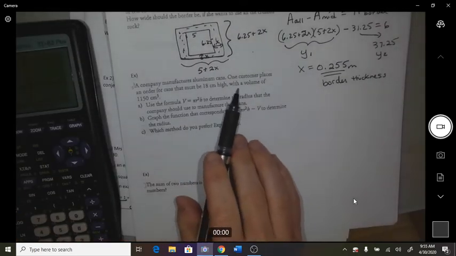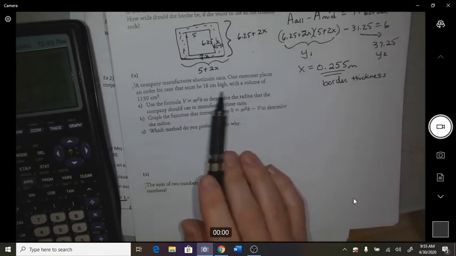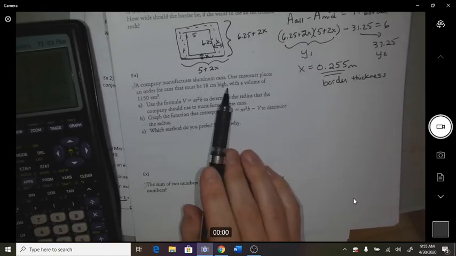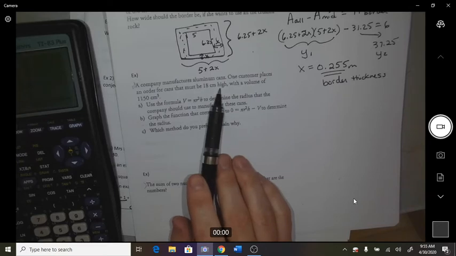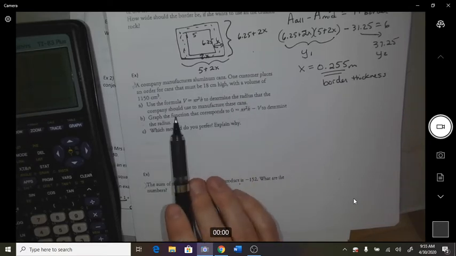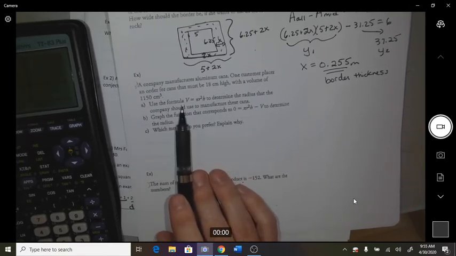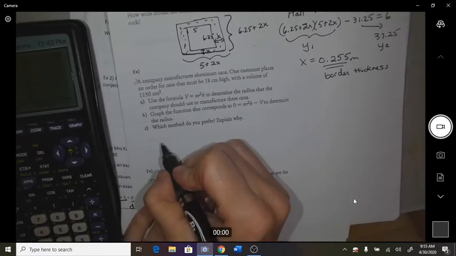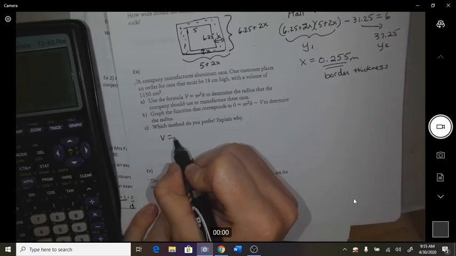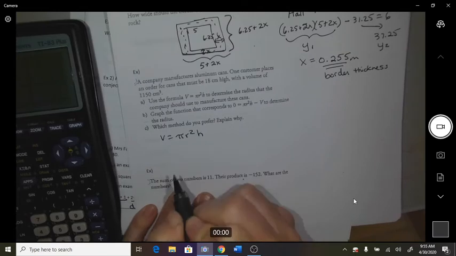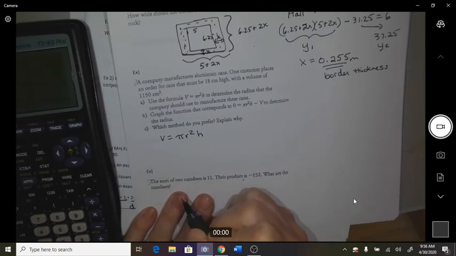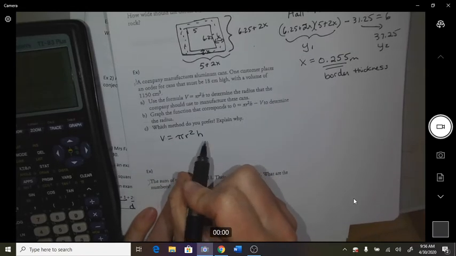A company manufactures aluminum cans. So we know the height and we know the volume. So determine the radius. So we can just do algebra here. So volume equals pi r squared h. Okay, so that is the volume of a cylinder.